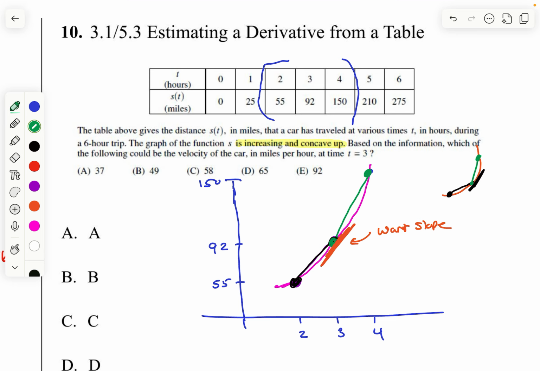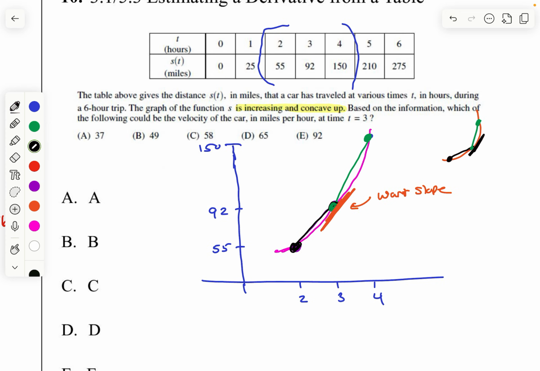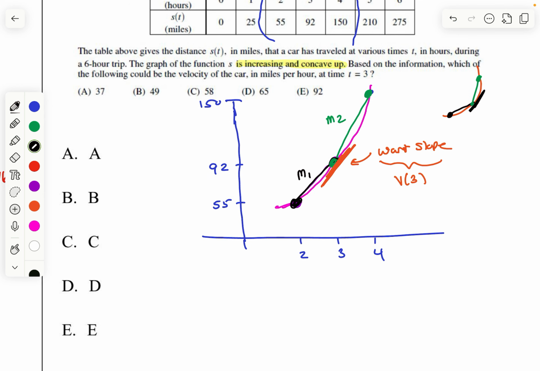So we'll get two slopes, and then we'll look for the answer choice where it's in between. I'm going to call this M1 and this M2, and what we want here is V of 3. What we know is that V of 3 is in between.